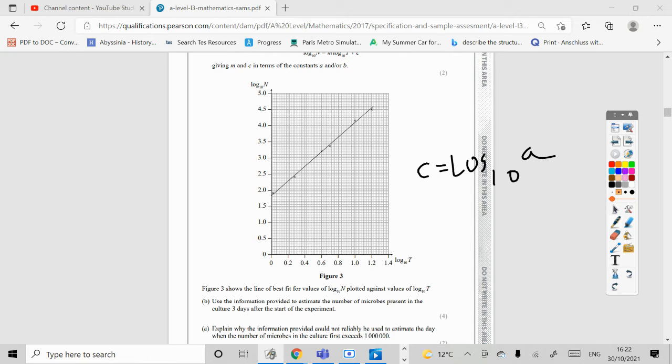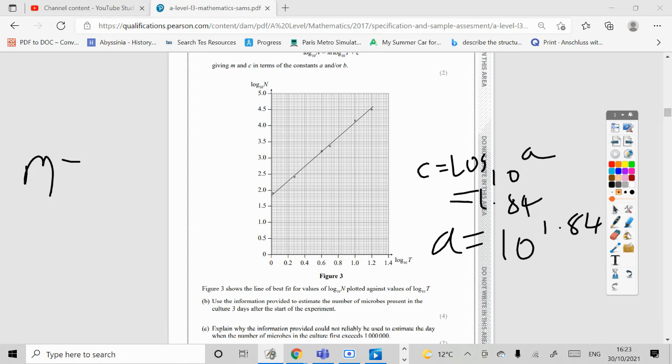I actually want to say it's like 1.84, something like that. It's roughly 1.84. I'll go with it. The mark scheme does have a little bit of leeway, if you will. So a will be 10 to the power of 1.84.